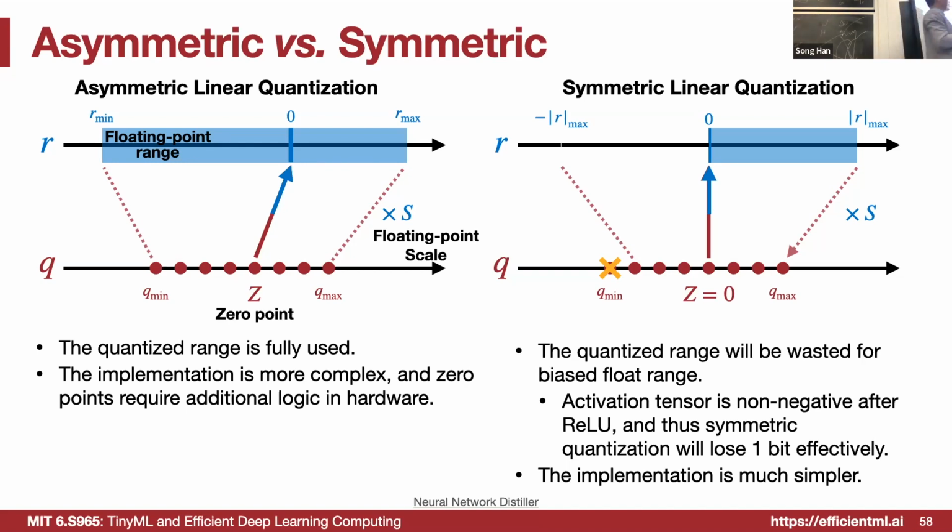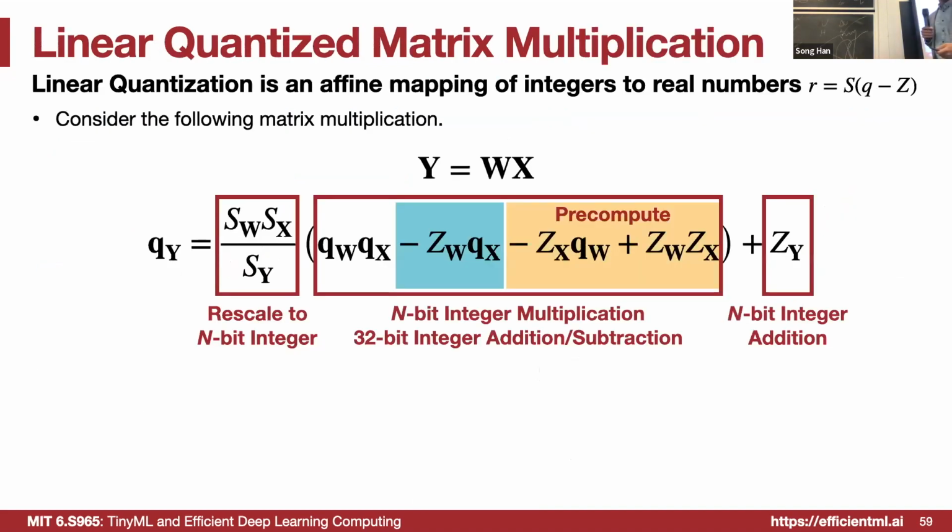But the advantage is that the implementation is much simpler. Okay, since we can get rid of this term, which is Z_W, which is 0. Okay, 0 will be mapped to 0, so the zero point of W, the weight, is 0.